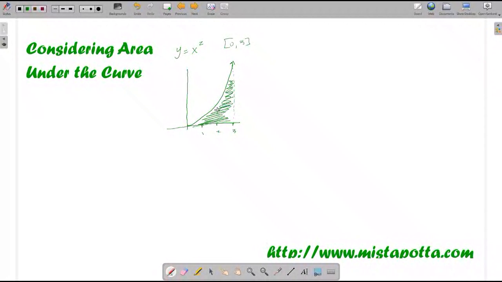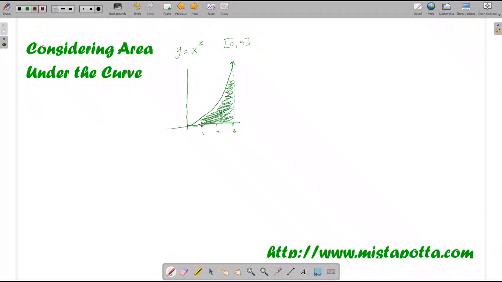And it's not easy to determine what it is, but what I can do is use rectangles to determine this area, at least get a good approximation of it. The question is, how do I set up my rectangles for this?